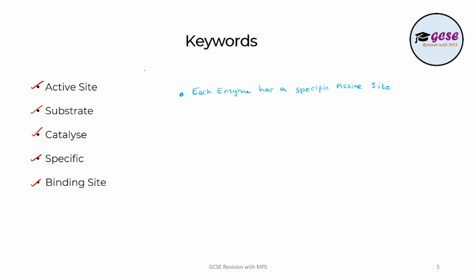The active site is where the substrate is going to bind onto. And we've included the binding site here as well. The active site is also known as the binding site, where the substrate is going to bind onto.